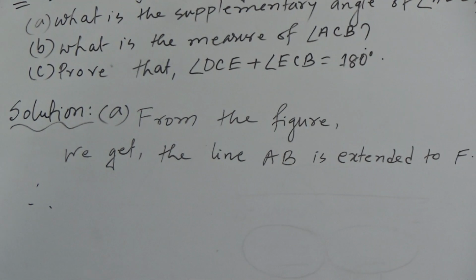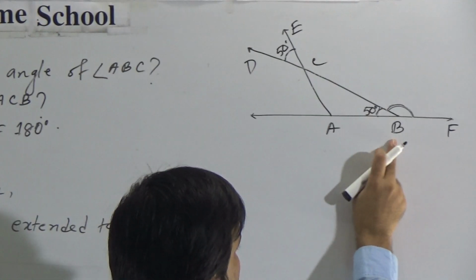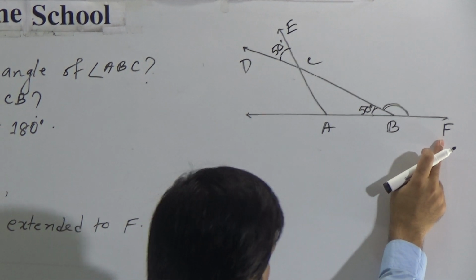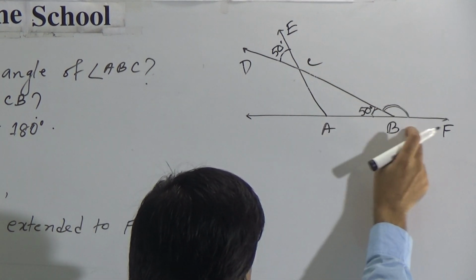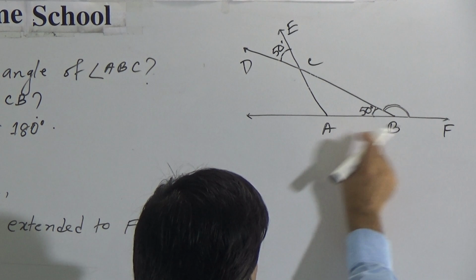Therefore, as AB is extended to F, so angle CBF is the supplementary angle of ABC.